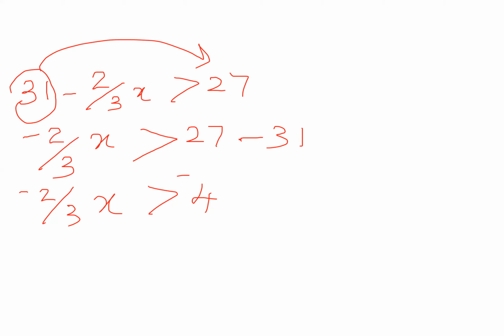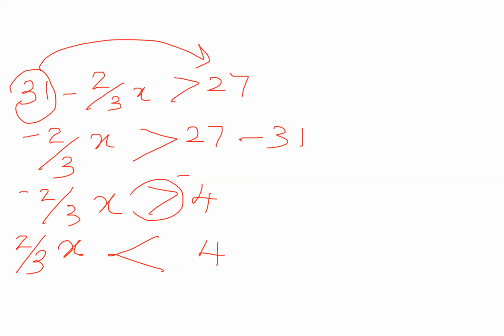Multiply by minus on everything. Then what happens? This 2 over 3 becomes plus and this 4 also becomes plus. But remember, when we multiply the whole inequality by minus, this sign also becomes the opposite one, right?